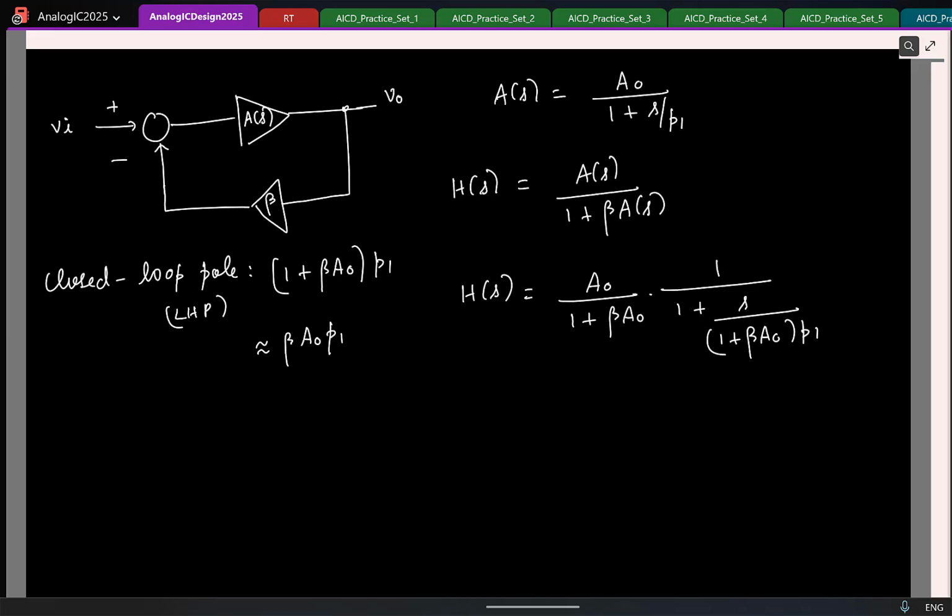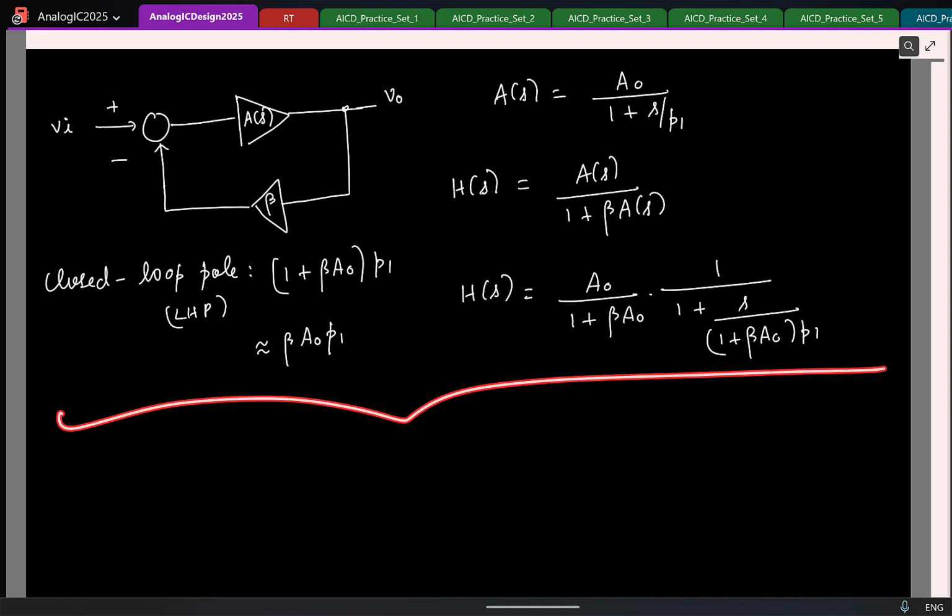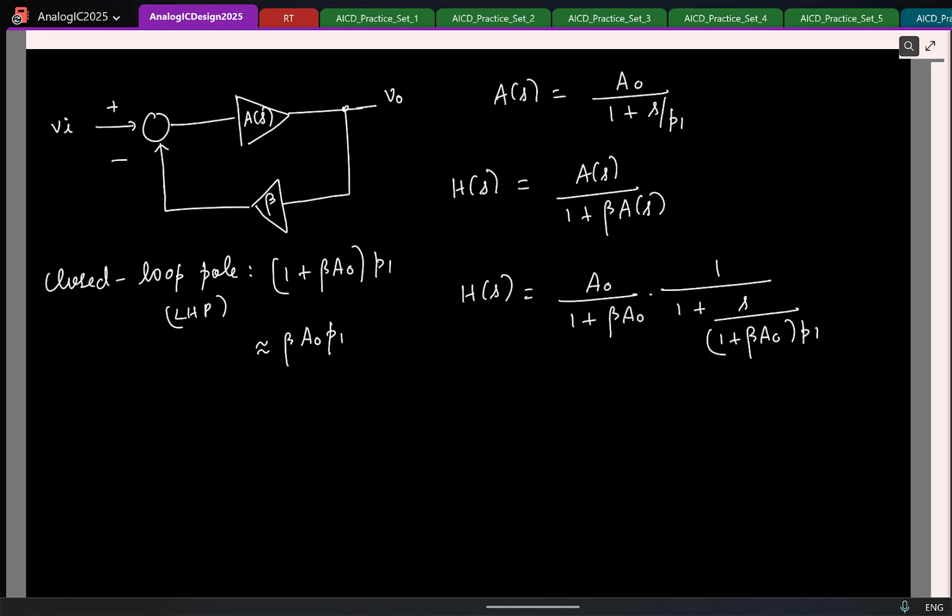So again, is this system stable or unstable? Do you think it can become unstable? No? Yes? Sometimes? I mean, assume that you have put in negative feedback, right? So if you design for any value of a naught, any value of beta, do you think this can become unstable?